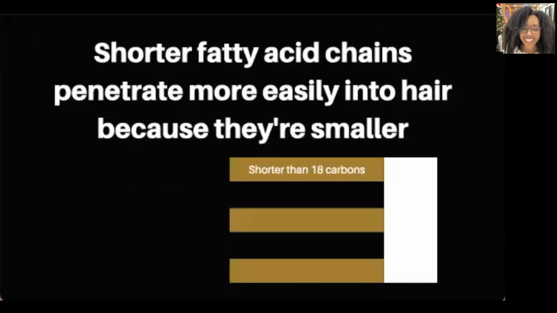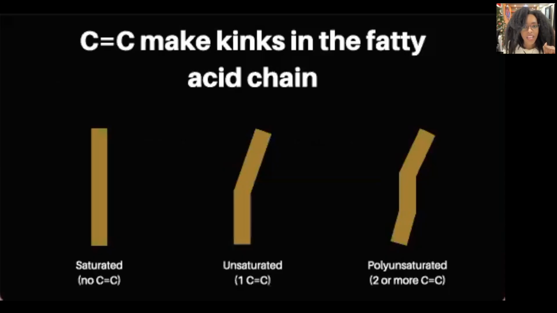To summarize, shorter fatty acids penetrate into your hair more easily because they are smaller. And wherever there is unsaturation, aka double bonds, this results in kinks in the fatty acid chain.